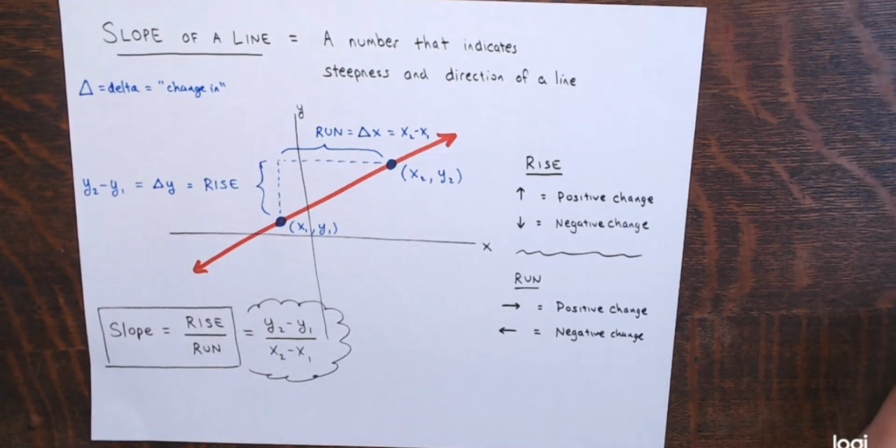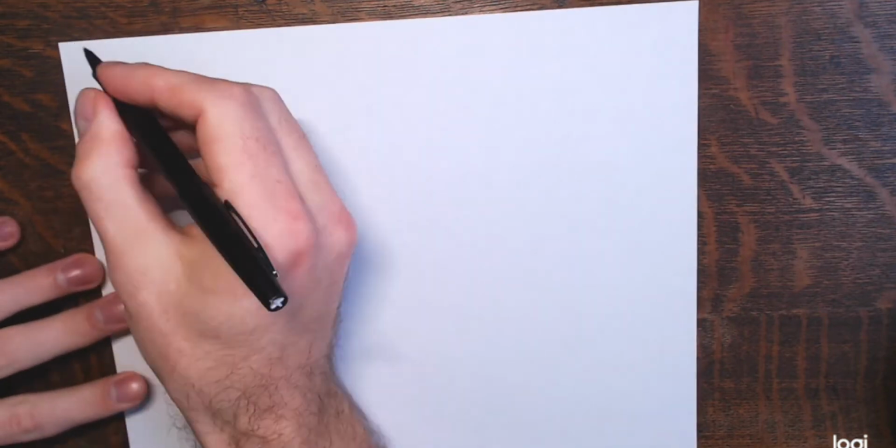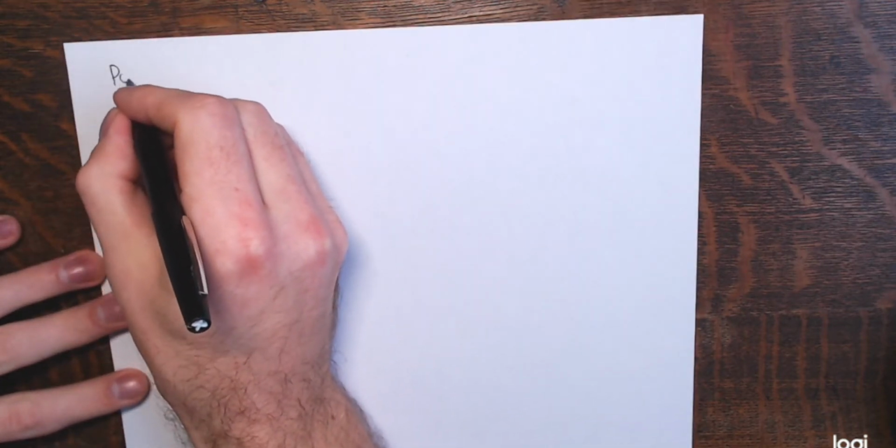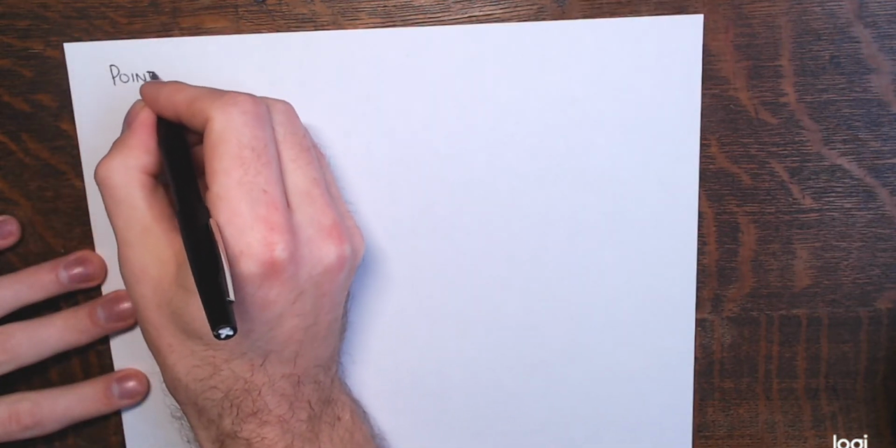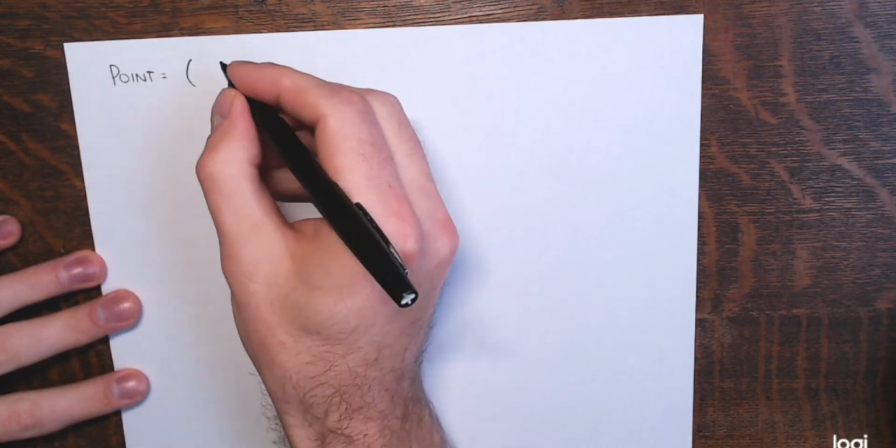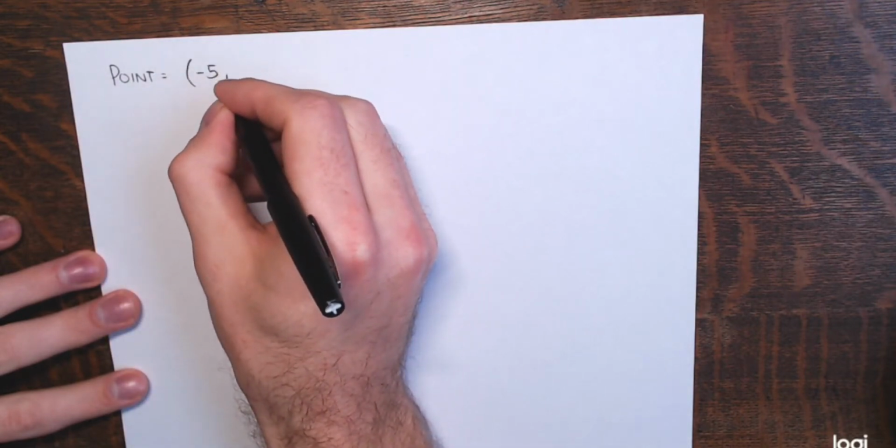Now we're given a point on a line and the slope of the line, and we're asked to make a graph. Alright, so I'll pull another page up. So the question I'm given first is, the point we're given is negative 5, 1.